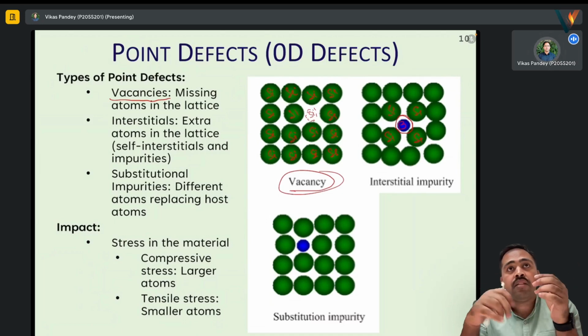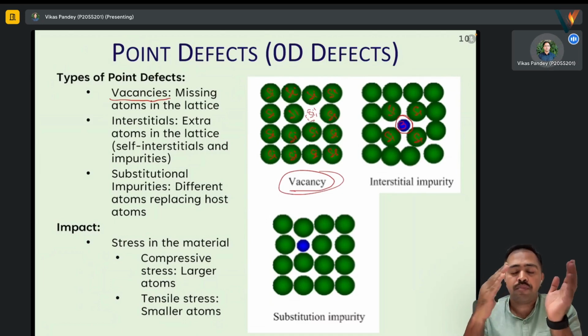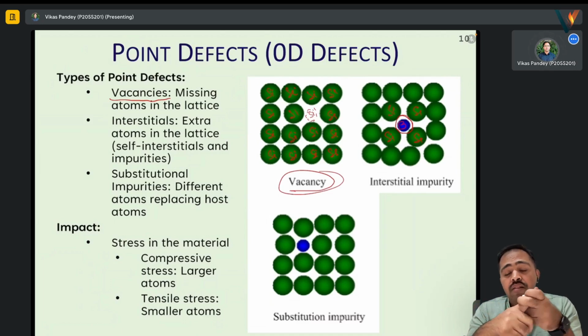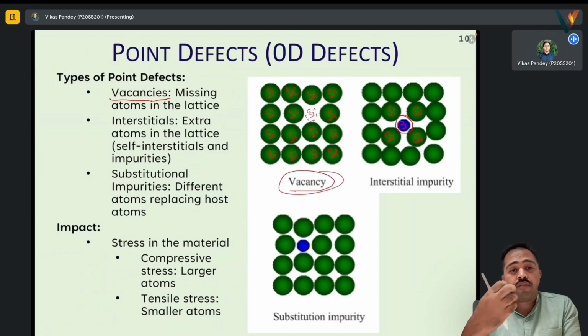That means not at the crystal positions, not at the lattice point, but at the interstitial. There can be two types of these interstitial defects.